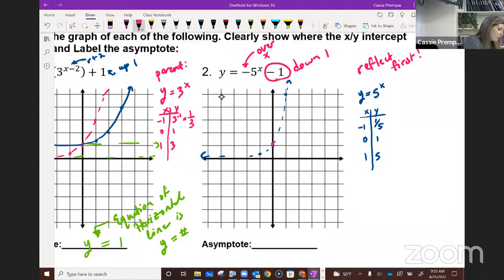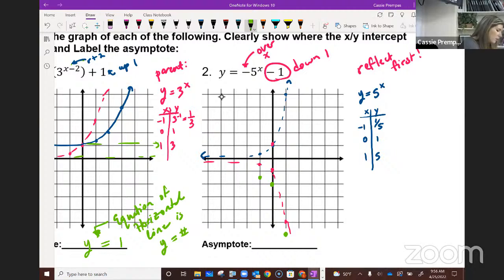I'm going to take that point, move it down, take that point, move it down, 1, 2, 3, 4, 5. The reflection always happens first, but then I need to take each point and move it down 1. So this point, which is at 0, -1, moves down 1. I'm going to take 1, -5 and move it to 1, -6. -1 1/3 is now going to go to -1, -1 1/3.